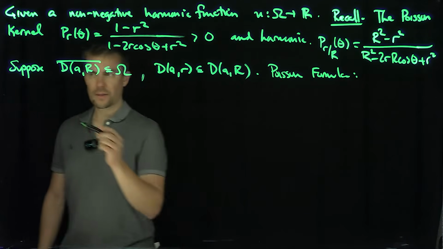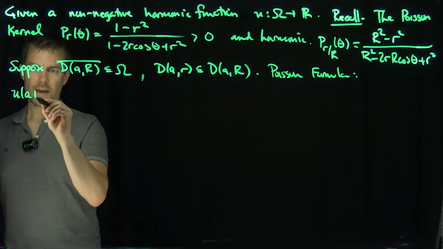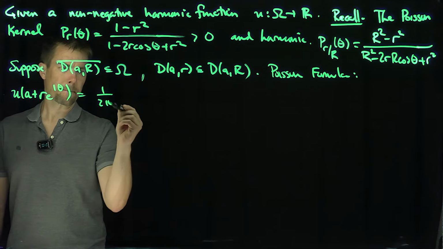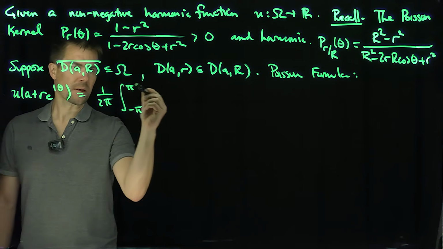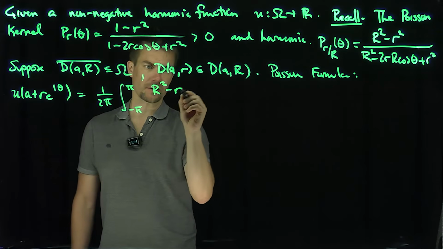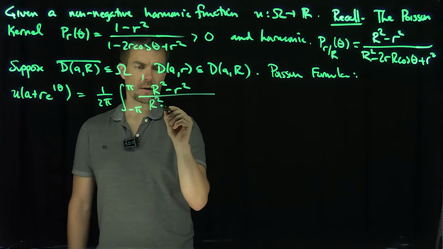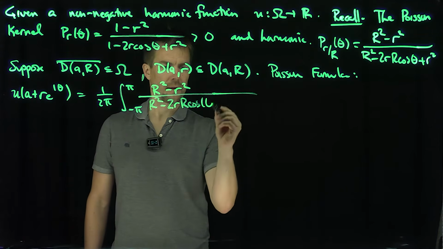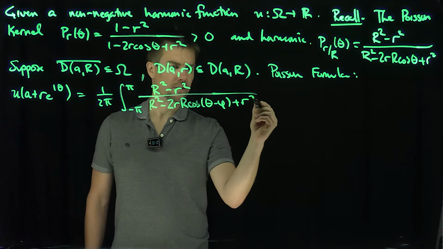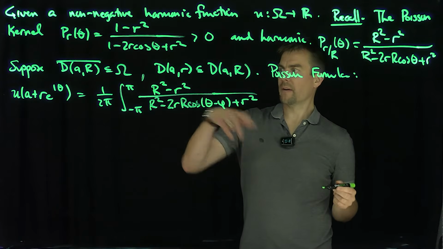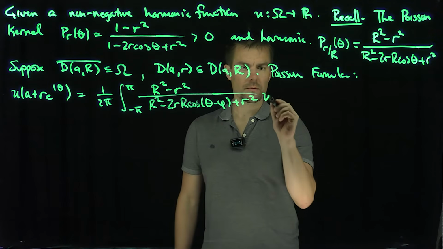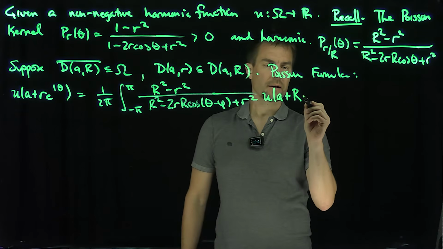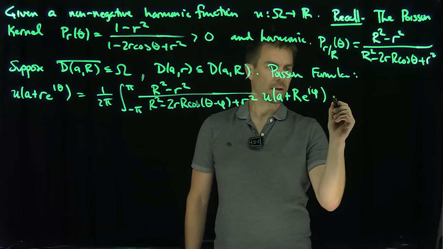So by the Poisson formula, we get that u of a plus r e to the i theta is 1 over 2 pi, the integral from negative pi to pi, of (R squared minus little r squared) over (R squared minus 2rR cosine of theta minus phi plus r squared), times u of a plus R e to the i phi, d phi.